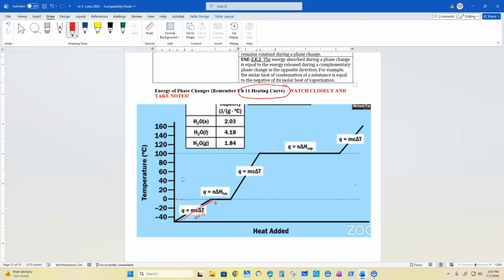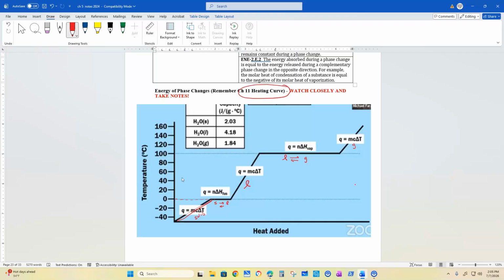So then we get the transition between solid and liquid, but we're not in the liquid stage yet. And then once we get to a certain point, then we're in the liquid stage. And then the liquid turning into gas, and I'm going to put equilibrium here. And then once we hit this 100 degrees, then we have this gas phase.